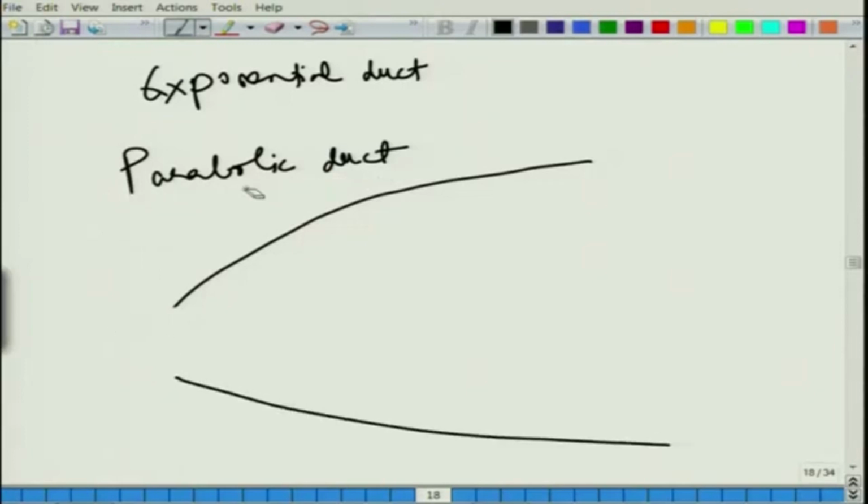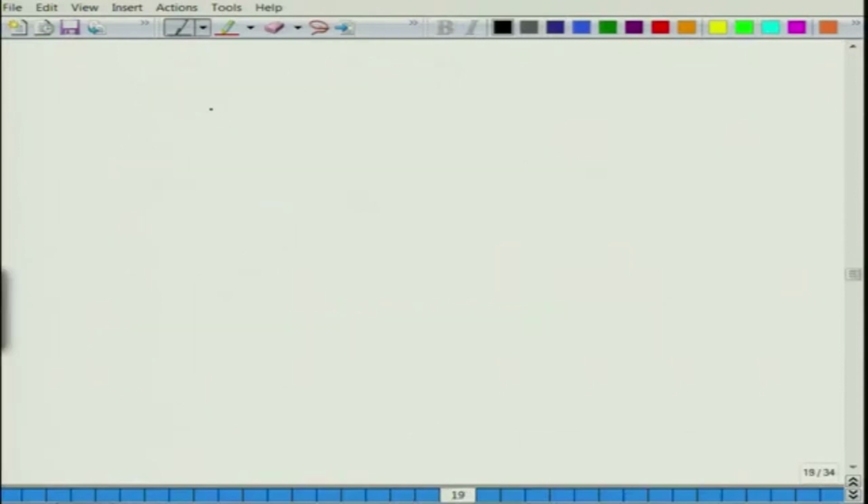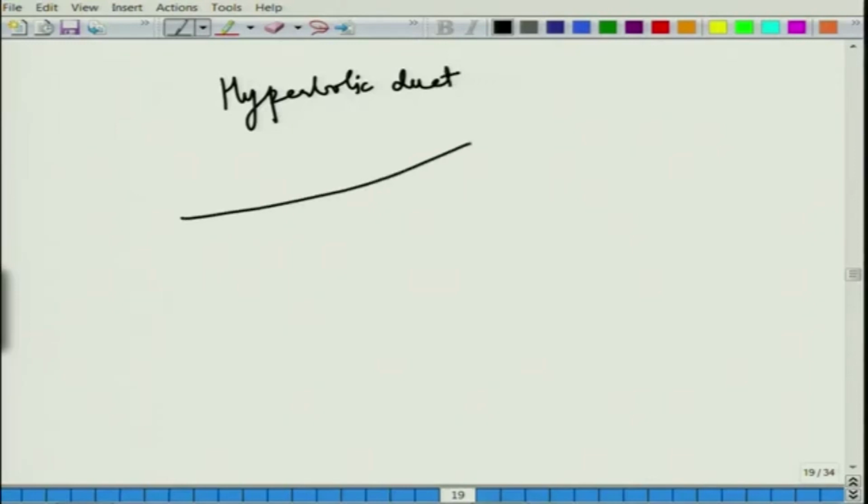So, you have this kind of thing for a parabolic shaped duct, and how does a diverging or converging hyperbolic duct look? It looks like a diverging thing, similar to your exponential duct, but the way the profile varies is a bit different.